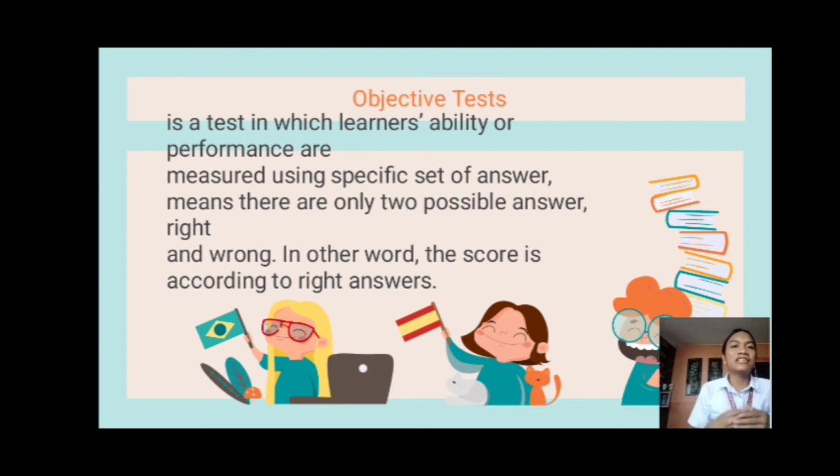It is a test in which learners' ability or performance is measured using a specific set of answers. This means there are two possible answers, which are right and wrong. In other words, the score is according to right answers. Great examples of these are true or false or multiple choice questions.